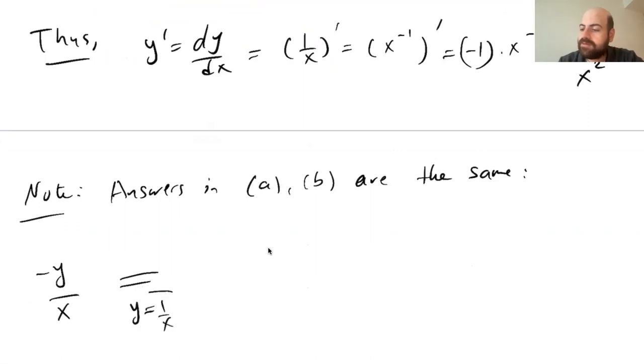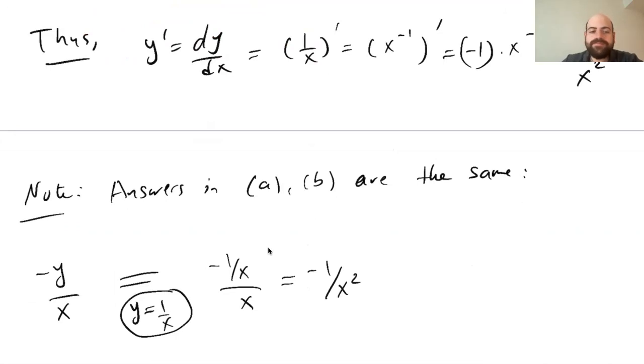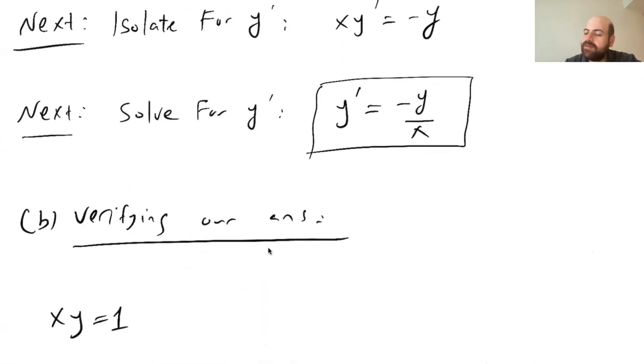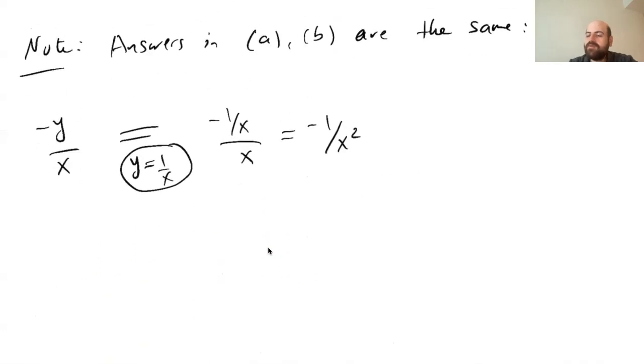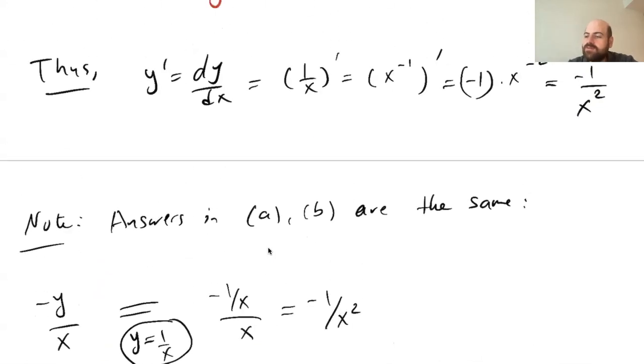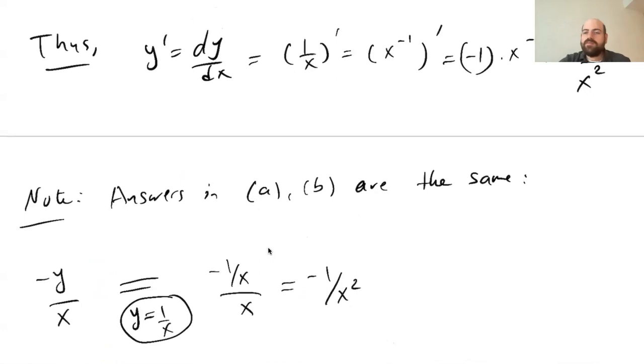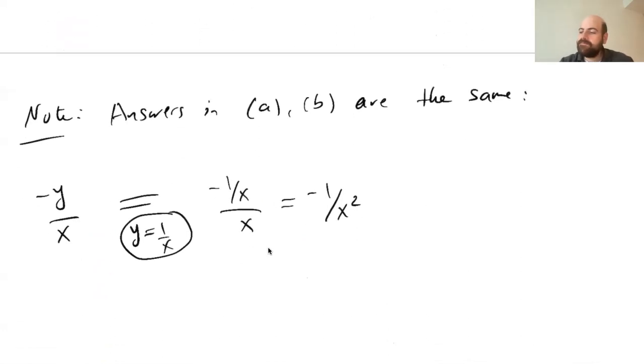And this means this is minus 1 over x times x, that's minus 1 over x squared. Minus y over x was the answer we got in part A, and y, we know, is 1 over x. We wrote it here. So when we substitute y with 1 over x, we get minus 1 over x squared, the answer we got in part B. Okay.